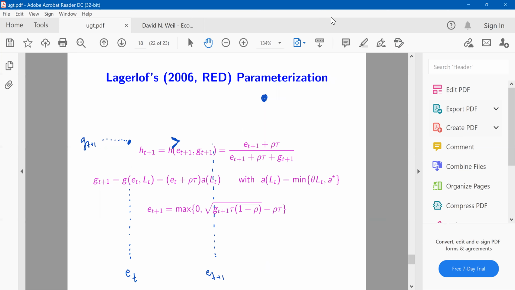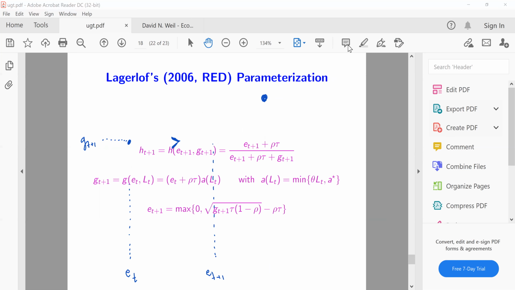And finally, let me show you Lagerlöf's parameterization. This I'm going to give you as an exercise, so you're going to do that yourselves. The idea is that there are certain assumptions about the role of population on growth rate. And if you run the model, there is actually a MATLAB code on Lagerlöf's website as well.